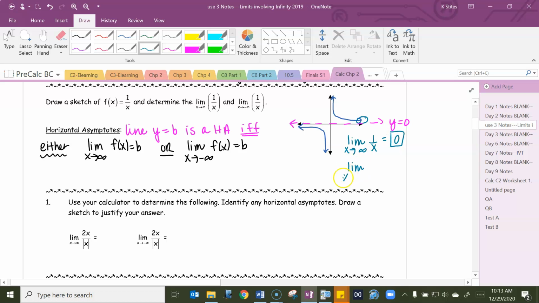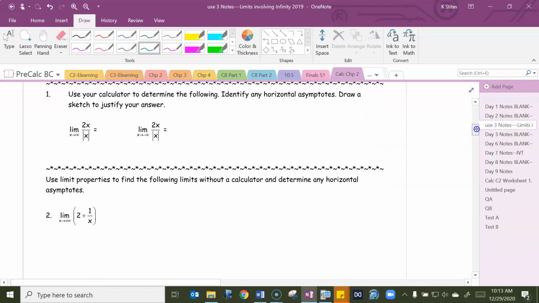And as x approaches negative infinity, so that's going to the left, we are also approaching 0. See how we get 0 for both of them? That means there's only one horizontal asymptote, and that horizontal asymptote is y equals 0. So that's how horizontal asymptotes relate to limits. Okay, let's try another one.